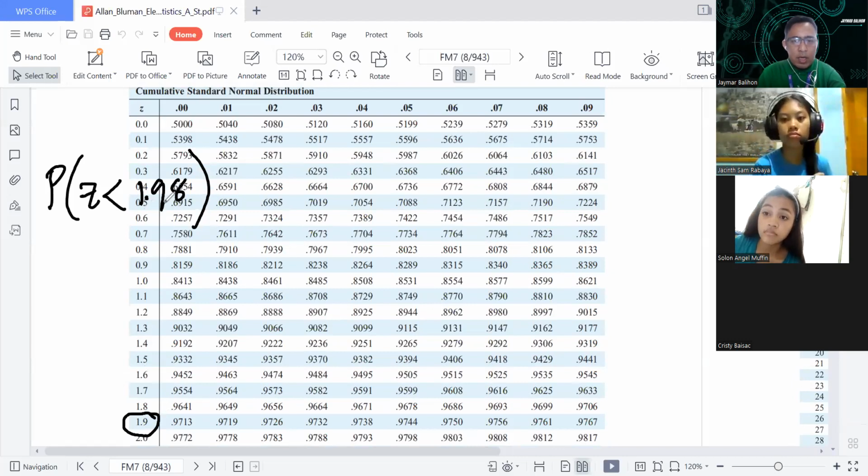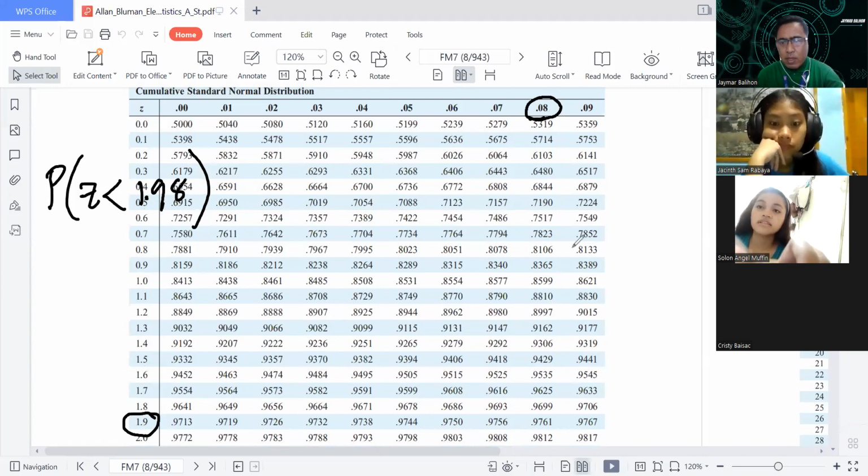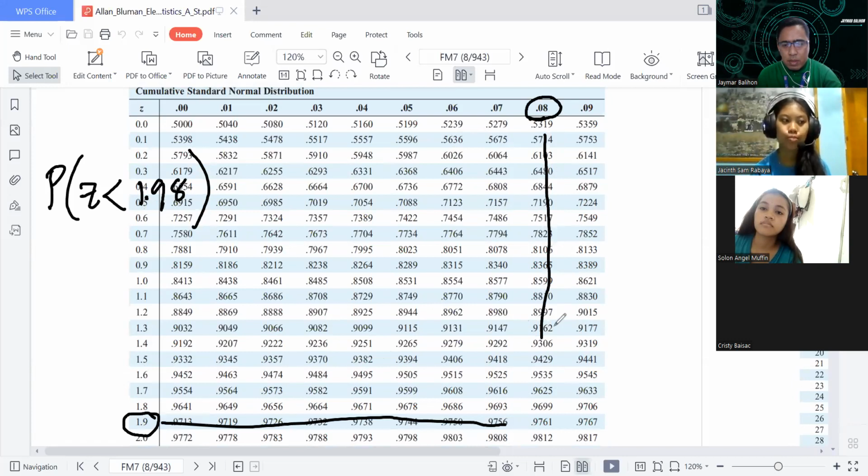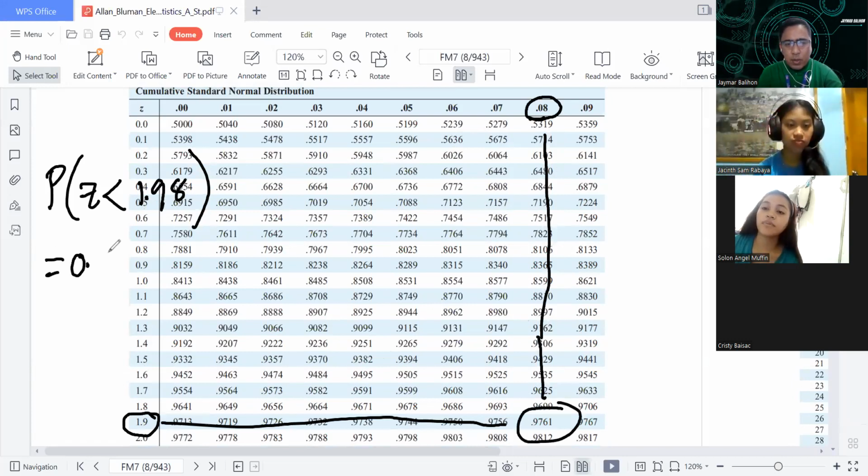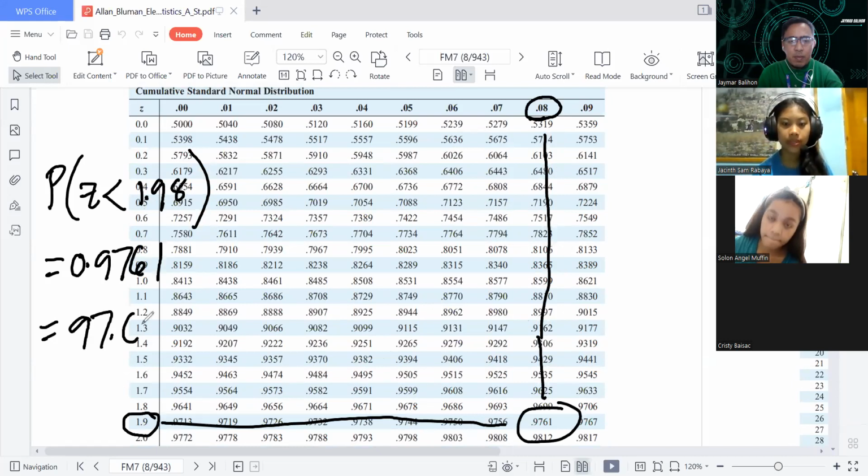And you look for the 0.08. Do you see 0.08? And you cross them. As you can see, the value will be equal to 0.9761. Or in percent, that is 97.61%.